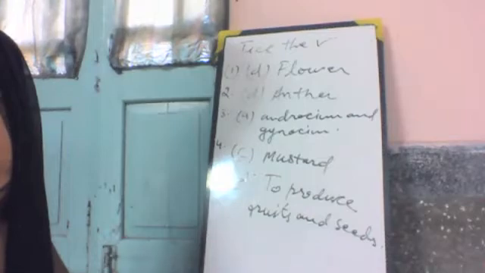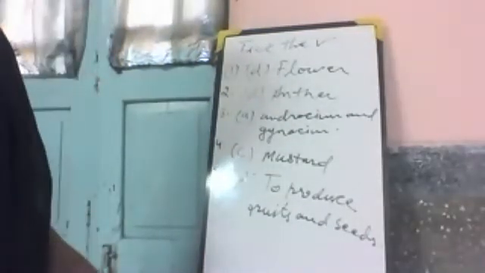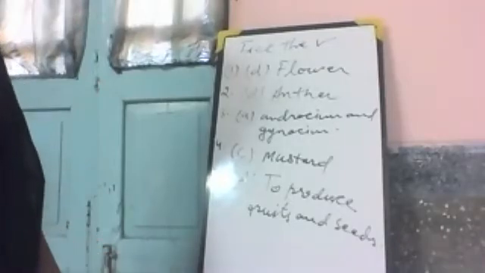Circle the odd one. Name the category to which the other three belong. China rose, mustard, pea, date palm. Ma'am, China rose is the odd one. Why? Kindly give the reason. Because mustard, pea, date palm are the same and China rose is different.